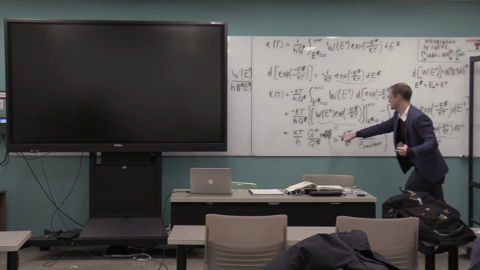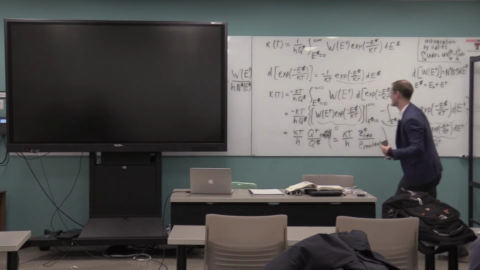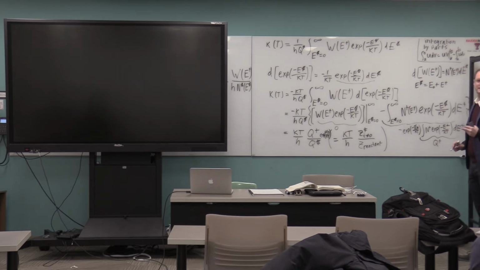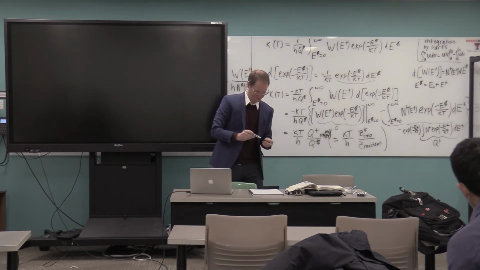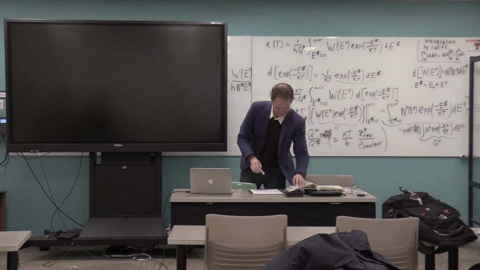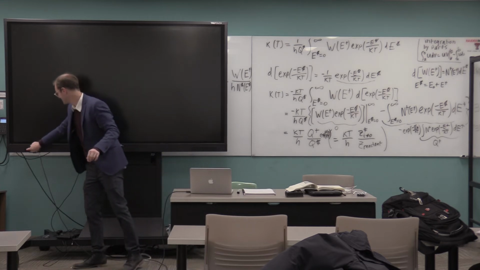And then we get this exponential factor, which was missing. Oh, and I missed a minus sign. Minus E0 over KT. Your textbook, that's actually not really derived correctly.